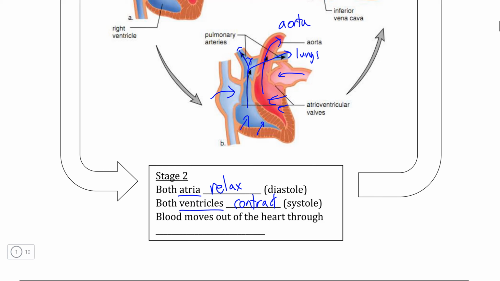The atrioventricular valves we can see here are closed because we don't want blood to flow backward up into the atria, but we want to control the flow of blood out of the heart, meaning that it is the semilunar valves that are going to be open at this time to allow blood to flow out the pulmonary artery and aorta, respectively.